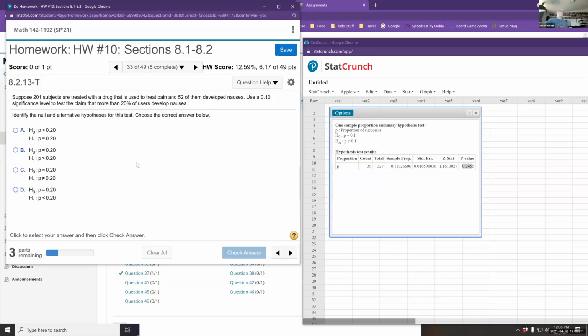I'll describe it and see if it makes sense. The claim is more than 20%, so the claim is p is greater than 20%. That means the null hypothesis is that p is equal to 20%, and the alternative hypothesis is that p is greater than 20%. That is B.